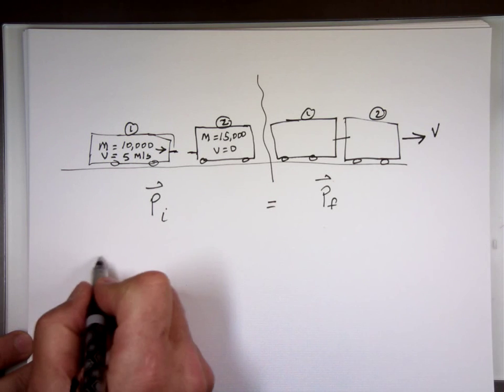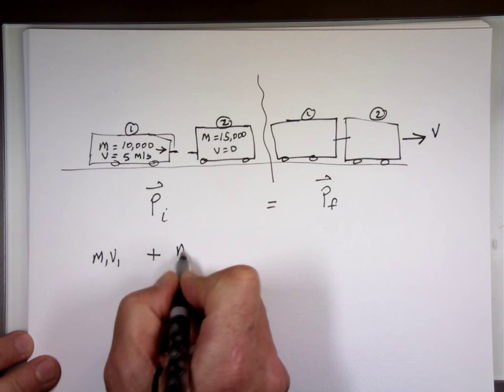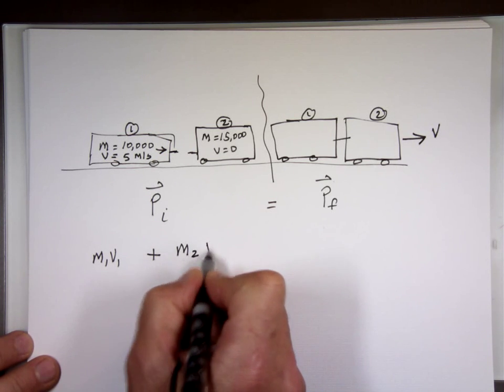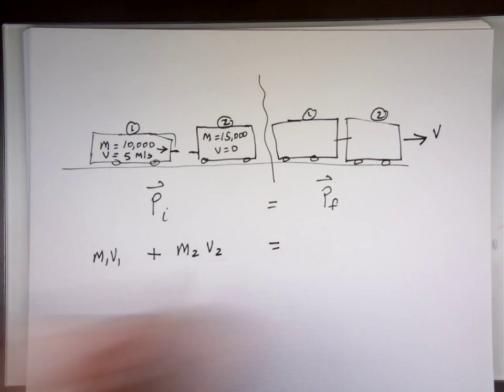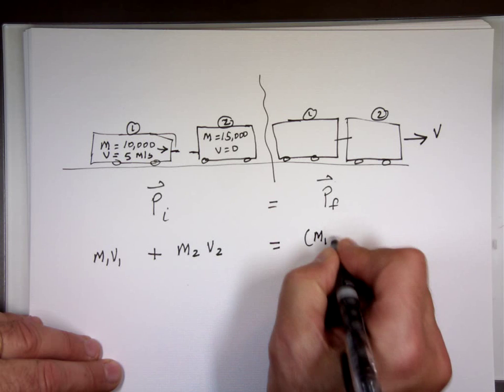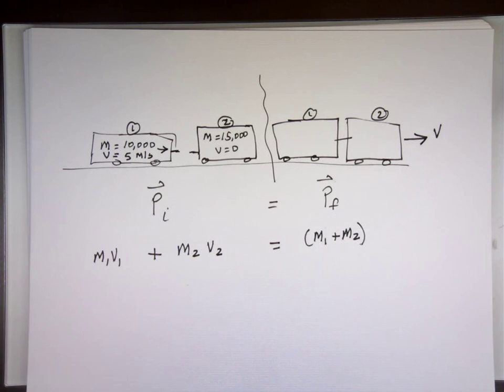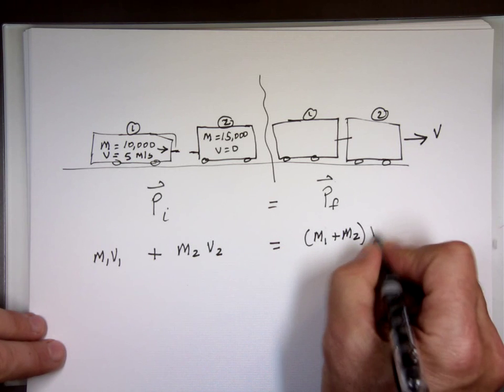The mass of the first one times the velocity of the first one, plus the mass of the second one times the velocity of the second one. Here they stick together. They become one object, so the mass is the mass of the first plus the mass of the second, times the velocity to the right.